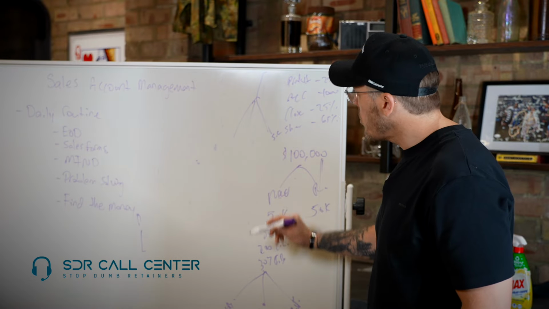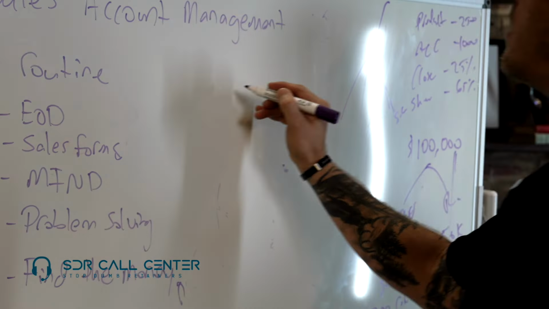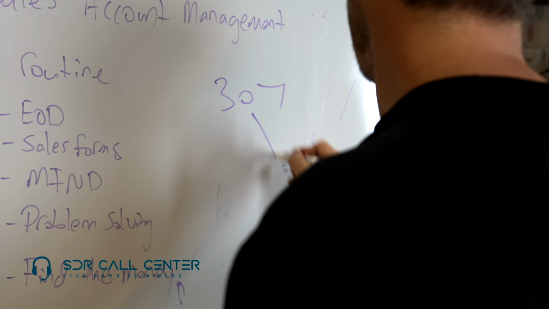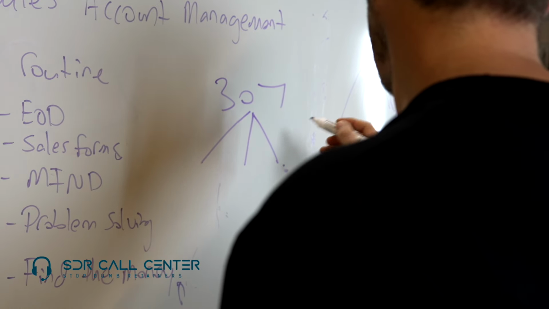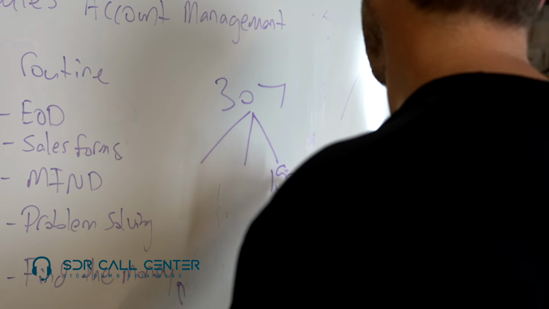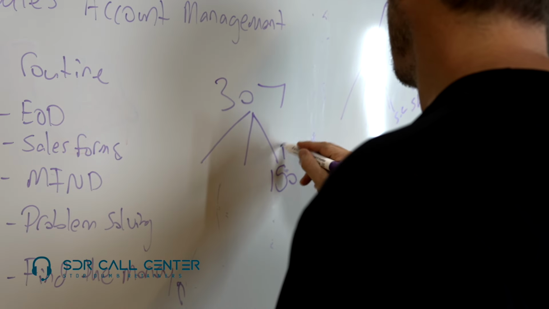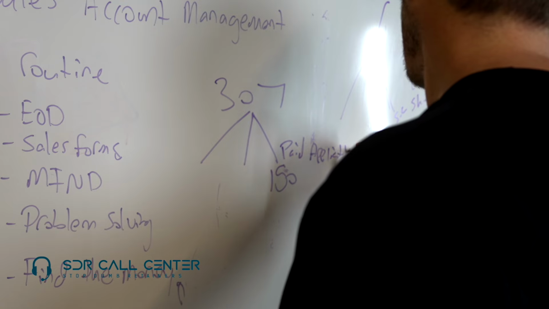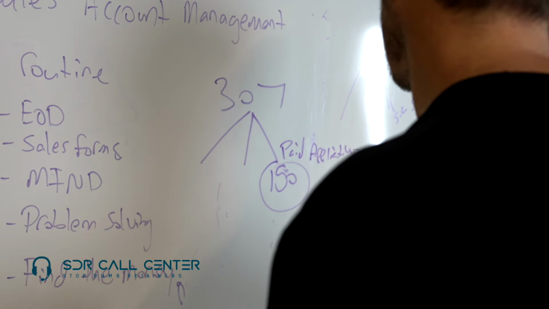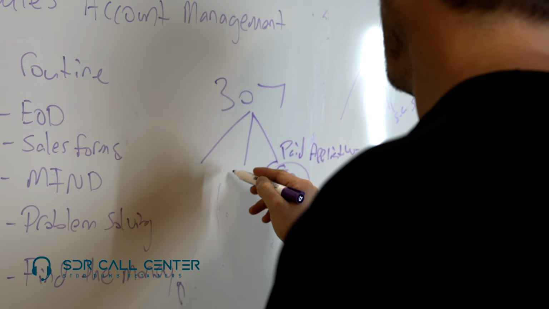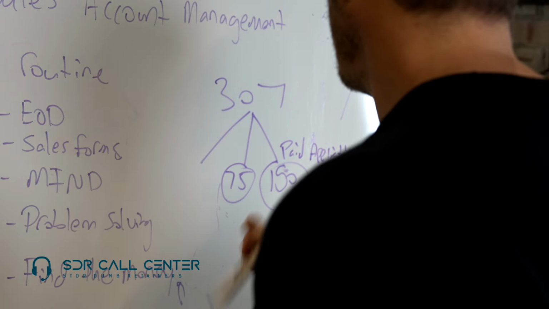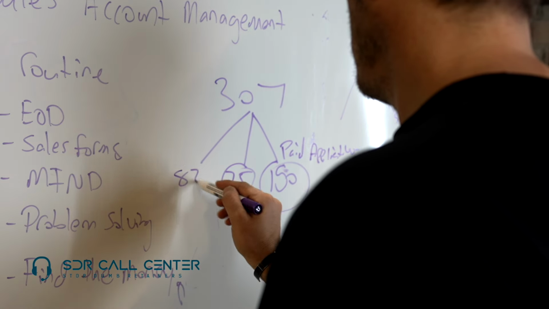Which is going to be really important because the goal up here is 307, right? Now, if we have a look back, we go, okay, cool, I need 150 of them to come straight from the paid application. So 150 have to come from the application, right? Then from there, I want 75 to come from discoveries, and I want the other 82, right?